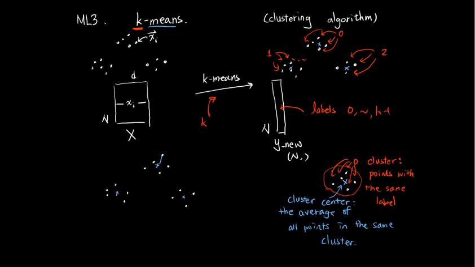This point is pointing to this center. This point is pointing to its center. It belongs to this group, so the center is the center of the group. So now, for each point, let's try to find out the center of the group.